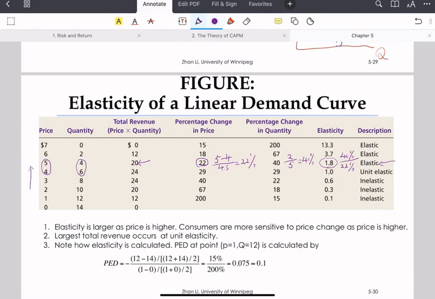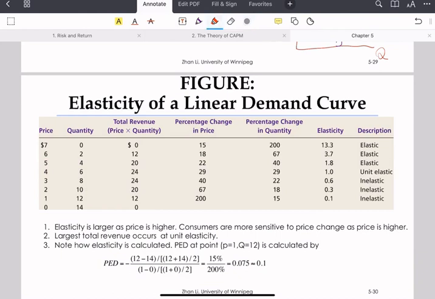You can see here that because the elasticity is larger than 1, the demand curve at this point is elastic, right? Okay, let me remove these calculations and let's focus on revenue and elasticity.